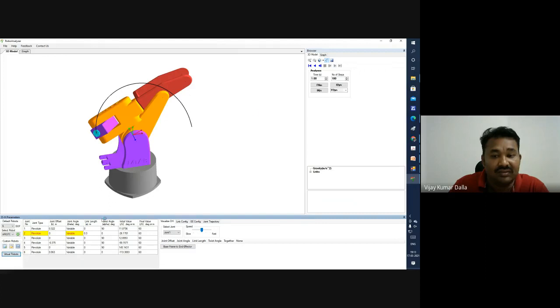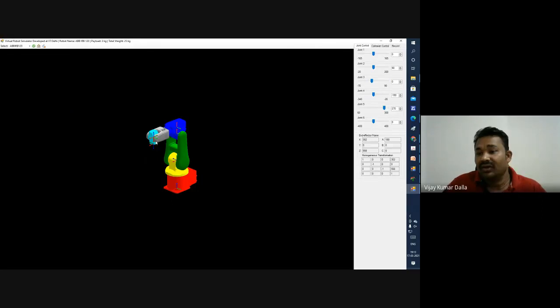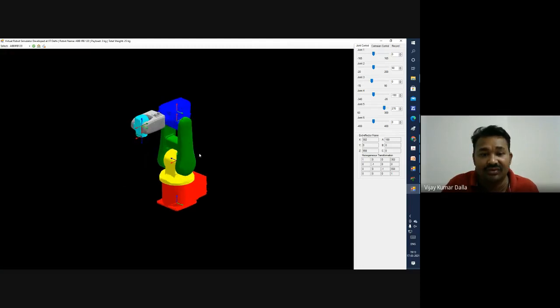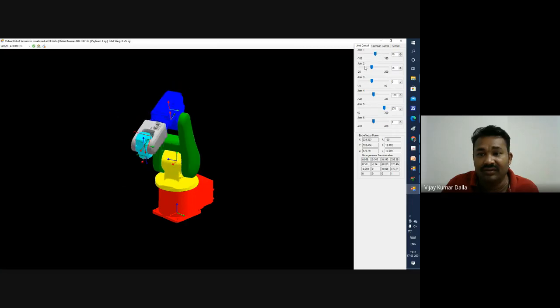Now, yeah, I clicked this virtual robots. Okay. So suppose we want to control joints individually and want to see the motion, like joint 1 I'm moving, joint 2, joint 3, joint 4. Sometimes it is very difficult to identify which one is joint 1, joint 2, and joint 6.